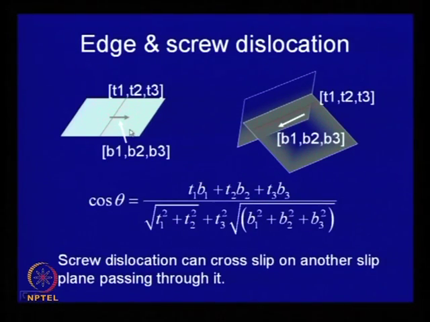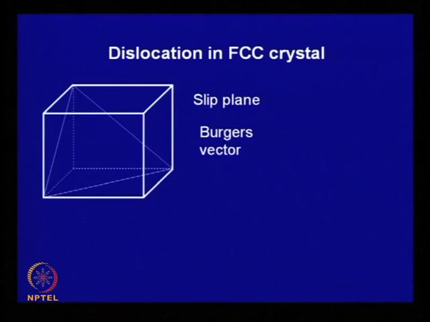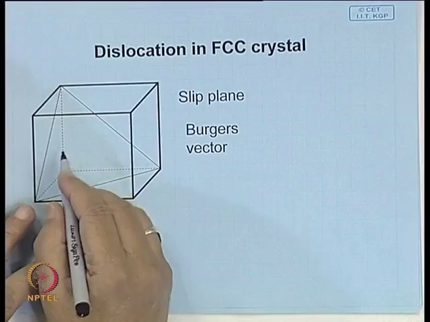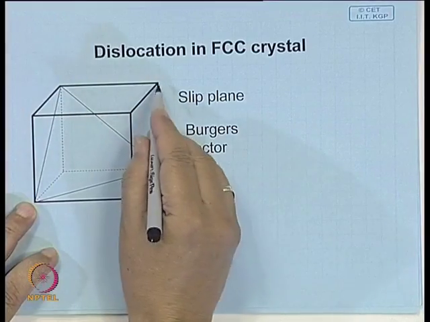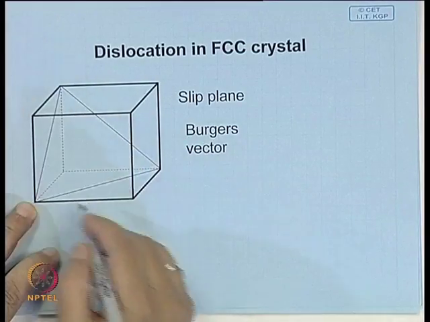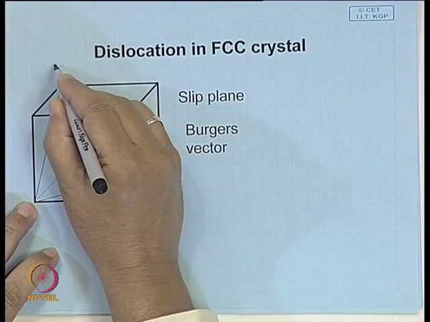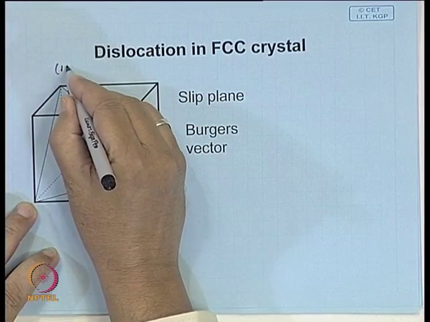So, let us look at this a little more carefully with respect to, let us say, the face centered cubic structure. So, for the face centered cubic structure, the slip plane is the plane 1 1 1.